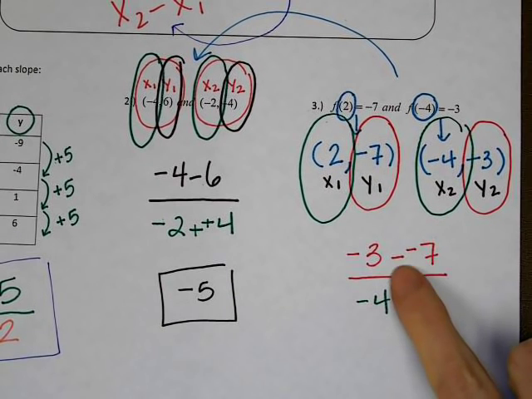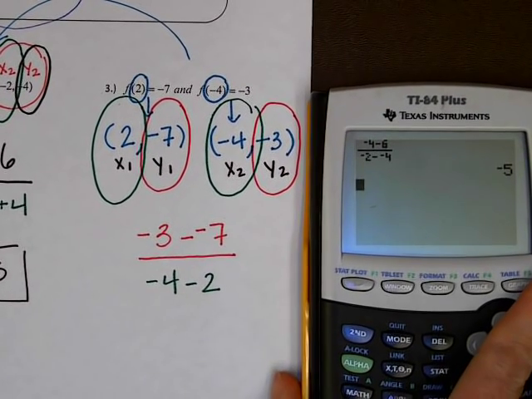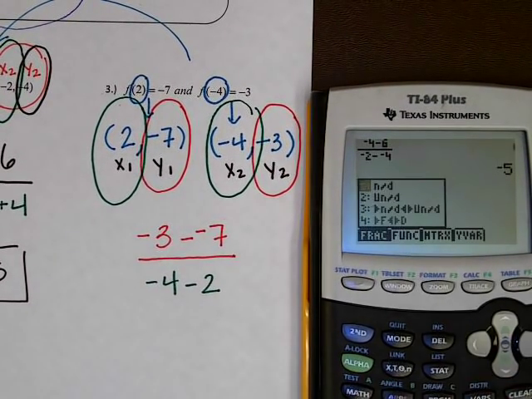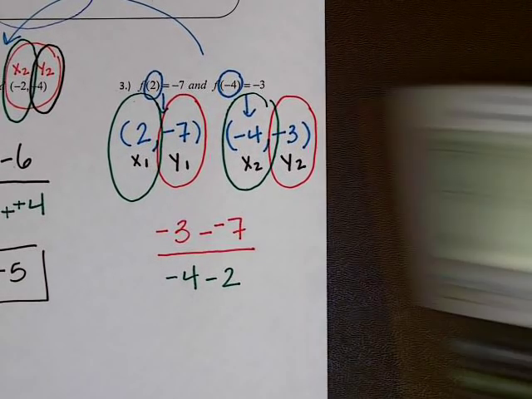You know minus a minus you could turn into plus a plus. And then I'm just going to do it on the calculator so I don't have to do any work. I'm just going to make my fraction: negative 3 minus a negative 7 over negative 4 minus 2. And it'll reduce it for you. You'll get negative 2/3.